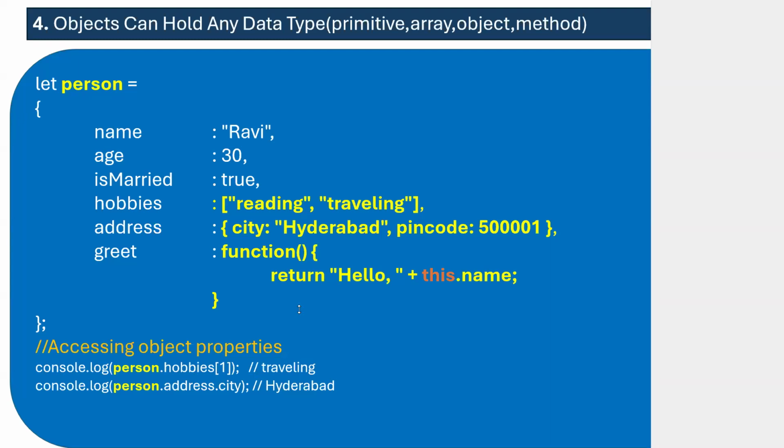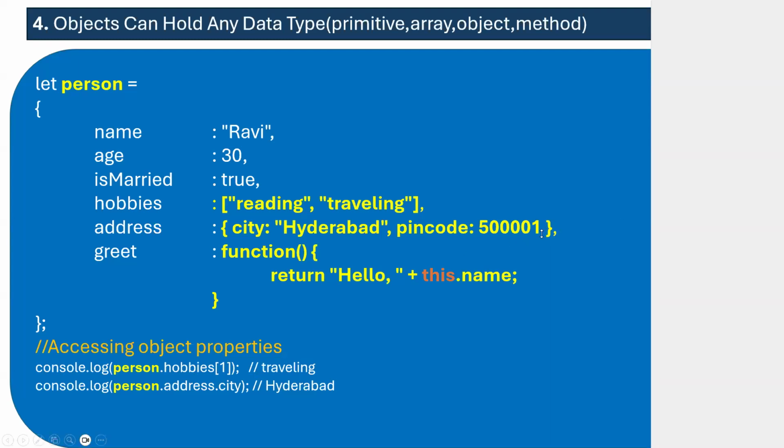Now, guys, if you want to access city, the way they are accessing, see, person dot address dot city. Guys, you understood why they wrote person dot address dot city? Nested object. How can I access the pin code? Person dot address dot pin code. Assume I have one more nested object here, location.